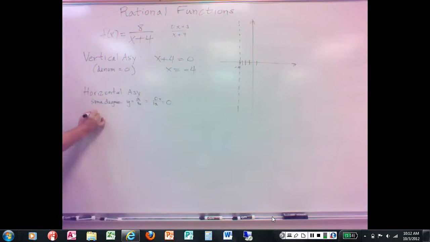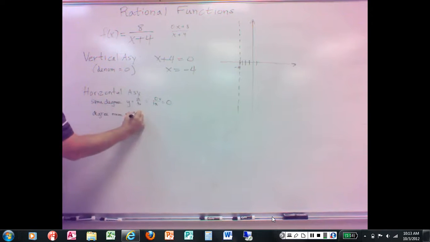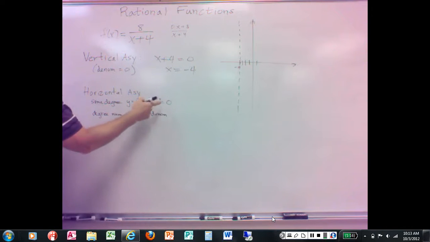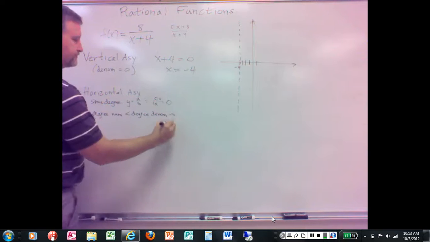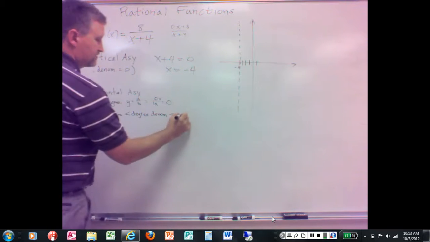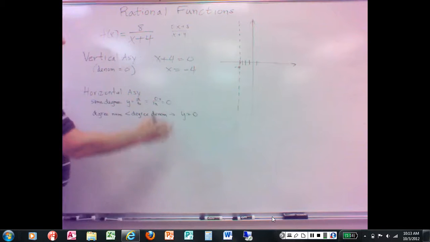If the degree of the numerator is less than the degree of the denominator, like we have here, then you're always going to get 0. This is kind of the way the book does it. If you see it that way, that's fine. But if you see it as the degree of the numerator is less than the degree of the denominator, it's always y equals 0. That's a horizontal asymptote. Either way you go, you get y equals 0.